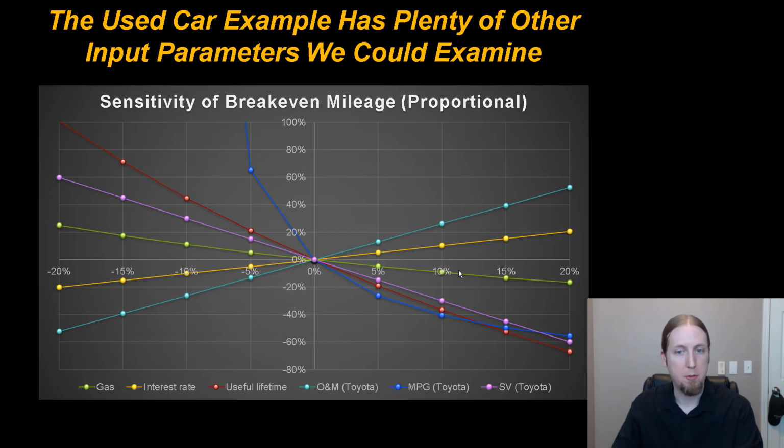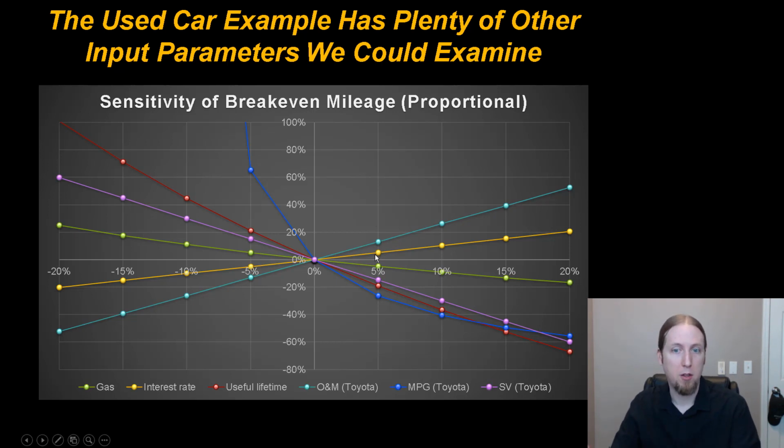We also want to look at this plot and make sure that the intuition behind each of them is understandable. So we should expect, if we have an increase in the positive quadrant here for the O&M costs, or in yellow, the interest rate, that the break-even mileage is going up compared to our baseline estimate.